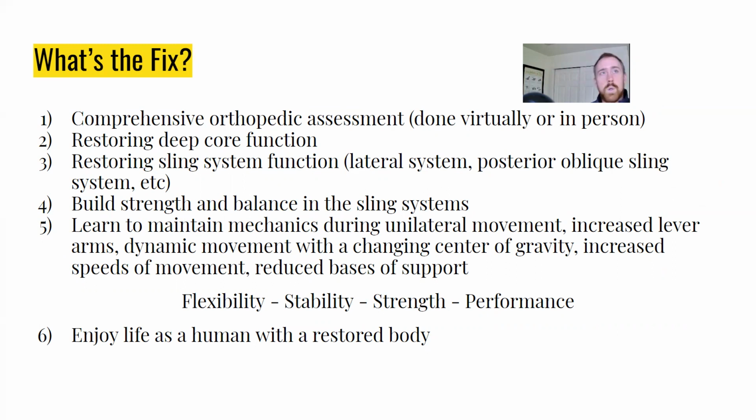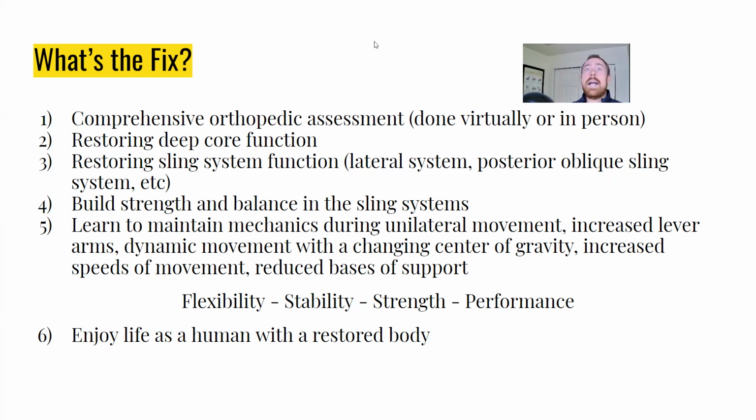Now, you have to also look at deep core function, okay? Because remember, we said the sling systems can't operate properly without the deep core. So that's always step one, restoring the deep core after your orthopedic assessment to determine your hip hike, whether you have too much curve in your low back or not enough curve. So you have 1, 2, 3, and then restoring sling system function.